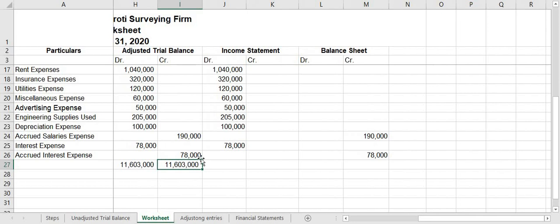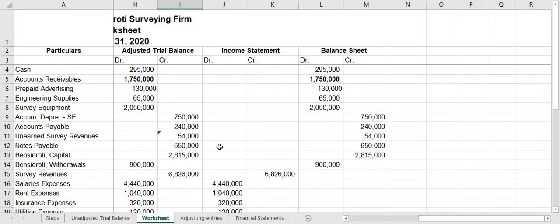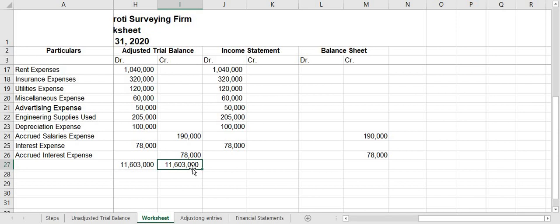As we can see, the debit balance of the income statement is 6,413,000, and the credit balance of the income statement is 6,826,000.